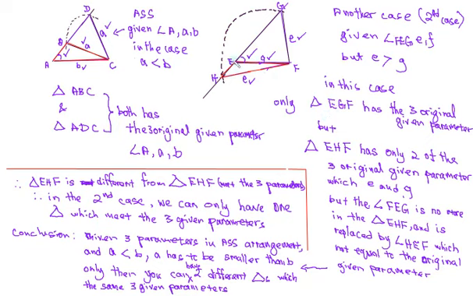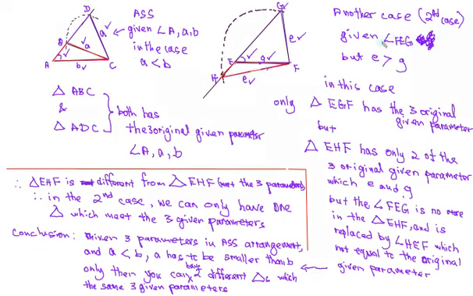The first one is EGF. Let's look at EGF. We have the original angle E, FEG, which is this angle. Then you also have the length E. You have the length F. Oh, sorry, this should be G and E. There's a mistake here. Let me cover this.